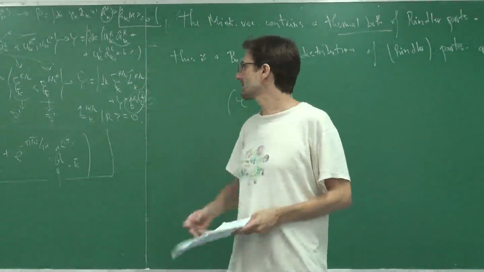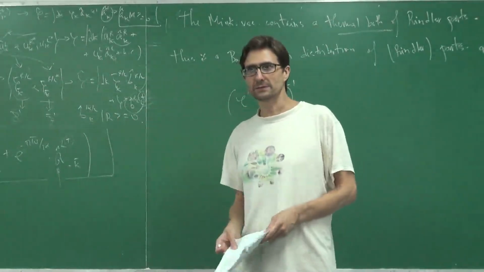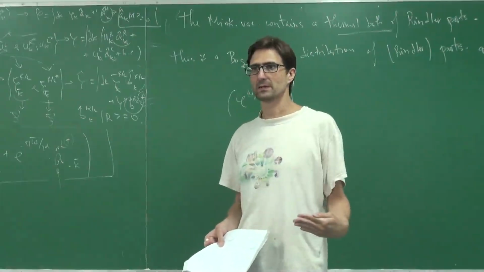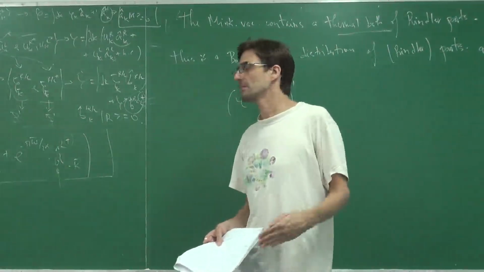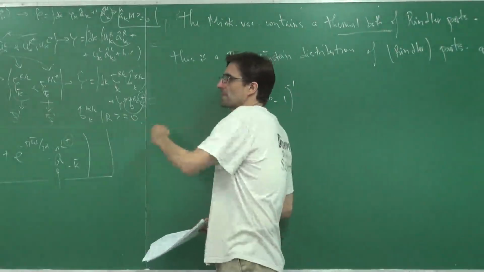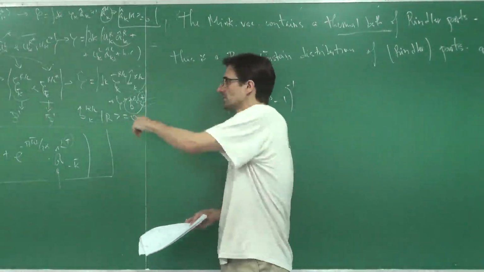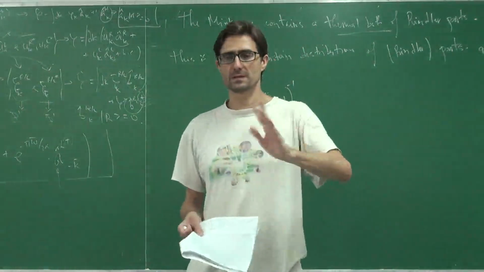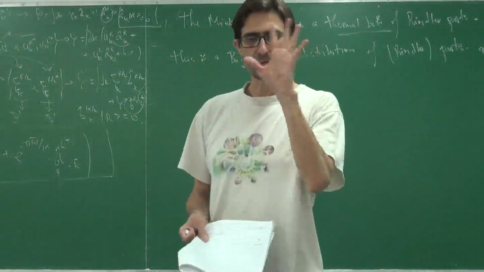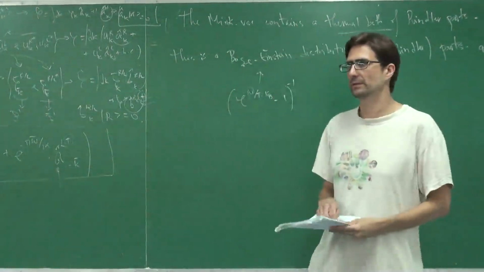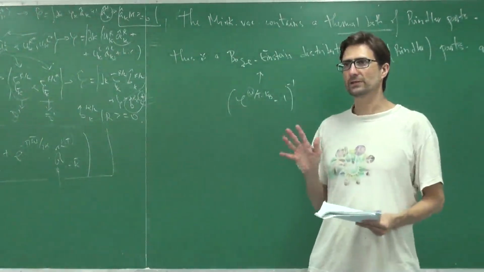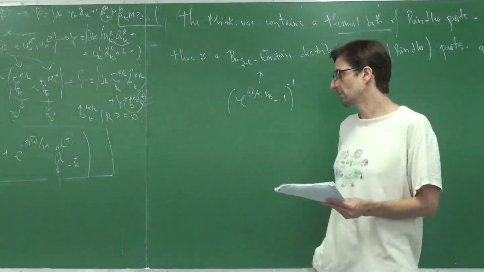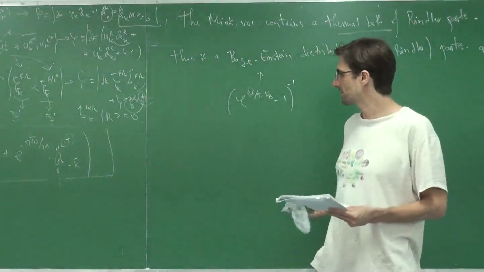When the field is in the real vacuum state, the real observer will measure no particles. So the real observer always measures particles with respect to the real vacuum state. I haven't proven this, but it can be found in the literature somewhere. I haven't done particle detectors, that's the reason why I'm only mentioning it. If I have time at the end, I'll go into it with more depth.